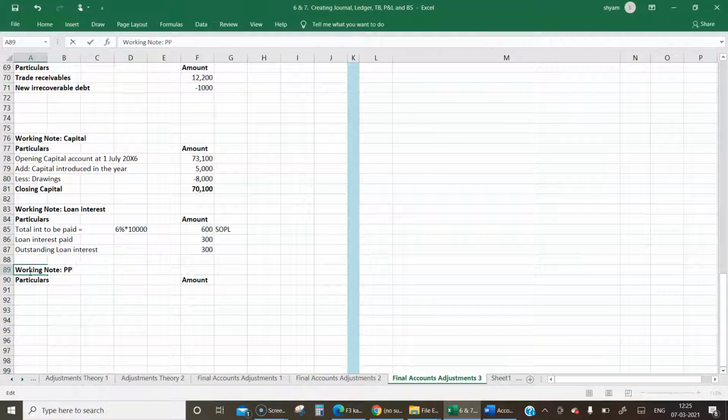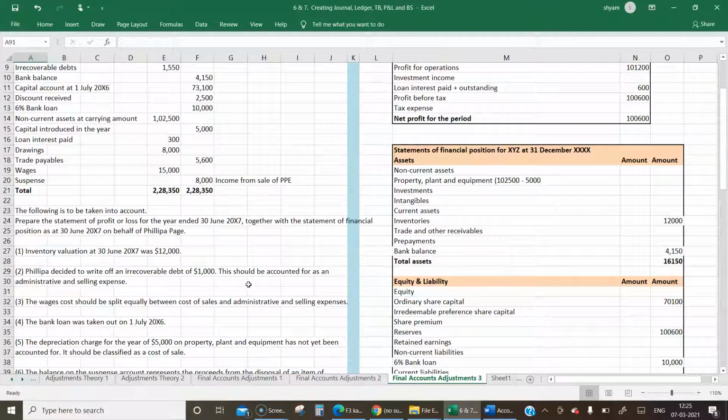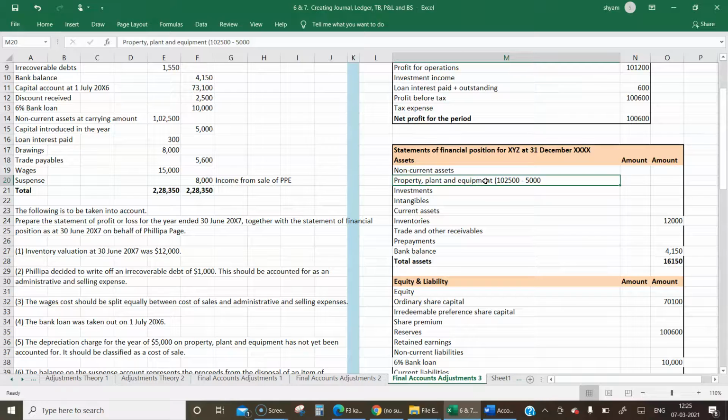Okay, so it's PPE. If you see here, under the non-current assets, the PPE balance was 1,02,500.